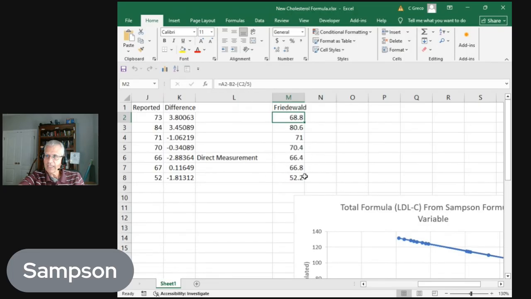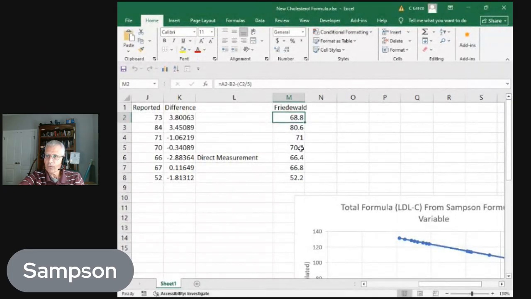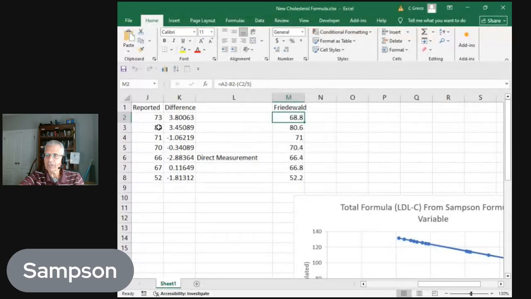I have a feeling these three right here were Friedewald. I think they started the Sampson here. You can see where there's 84, 80 for Friedewald, 73, 68 for Friedewald. So it all depends what type of calculation they're using.